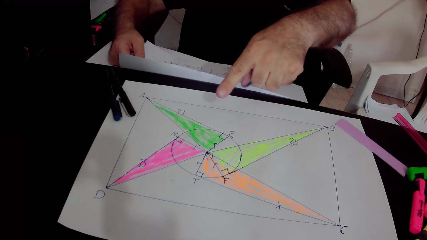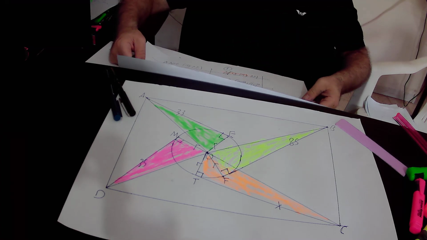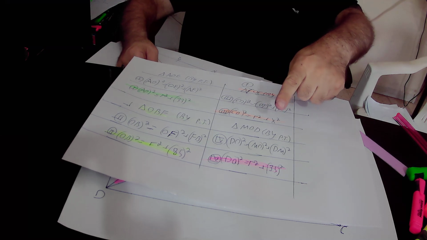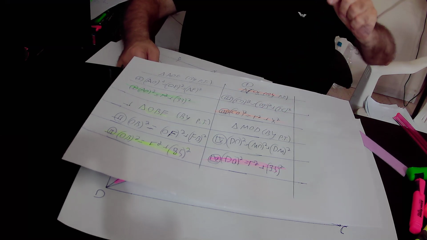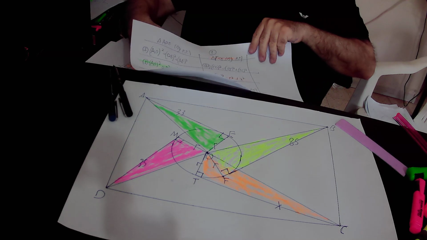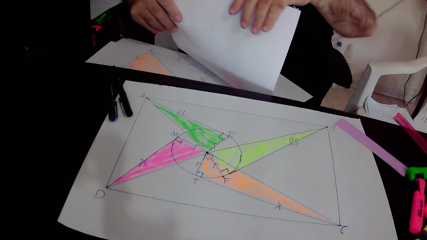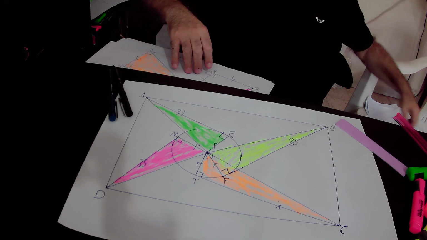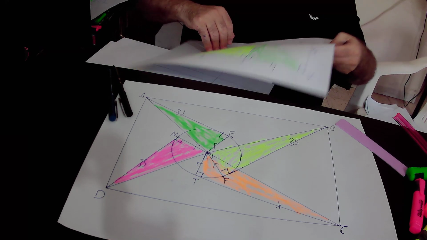MO is R, MD is 35. Therefore, DO square equals R square plus 35 square. Then I copied the four equations that we created according to the Pythagoras theorem in a new page.